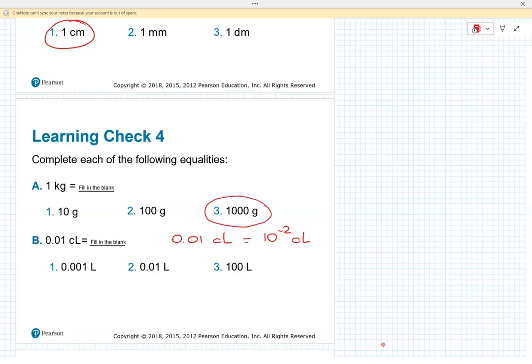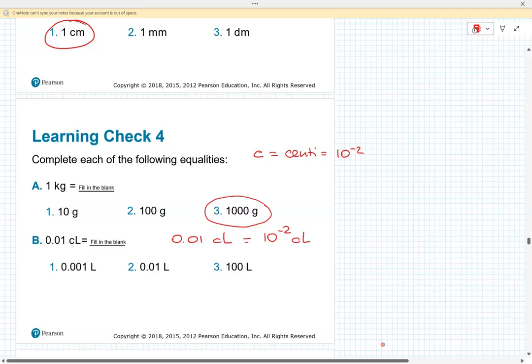Now remember that the small letter c means centi, right? 1/100th. So would you agree with that statement? Okay, good. If you want, I can scroll up to the table, but it will show you exactly the same.